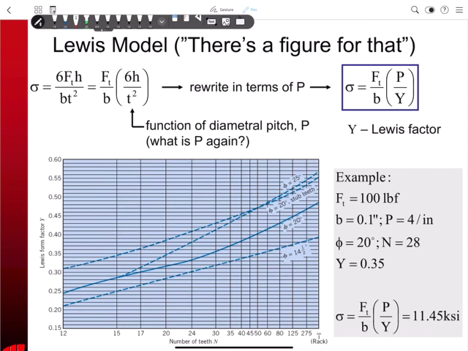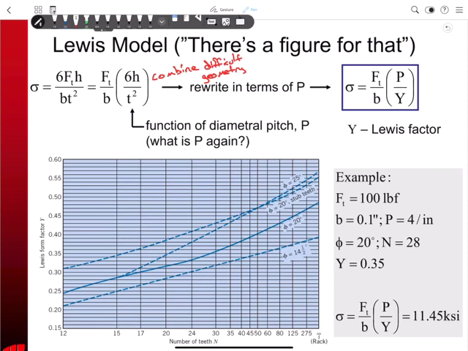And what we have to do is, we're going to combine the difficult geometry, right, into the 6h over t cubed, and we're going to call that the Lewis form factor, right?